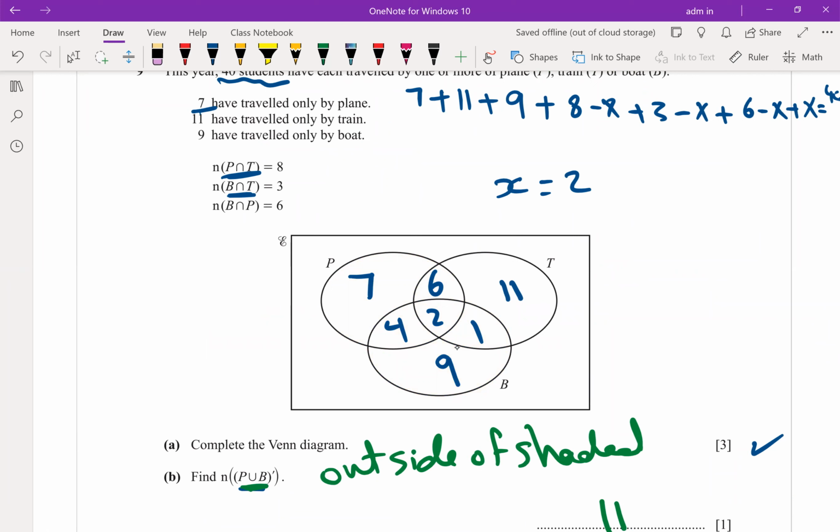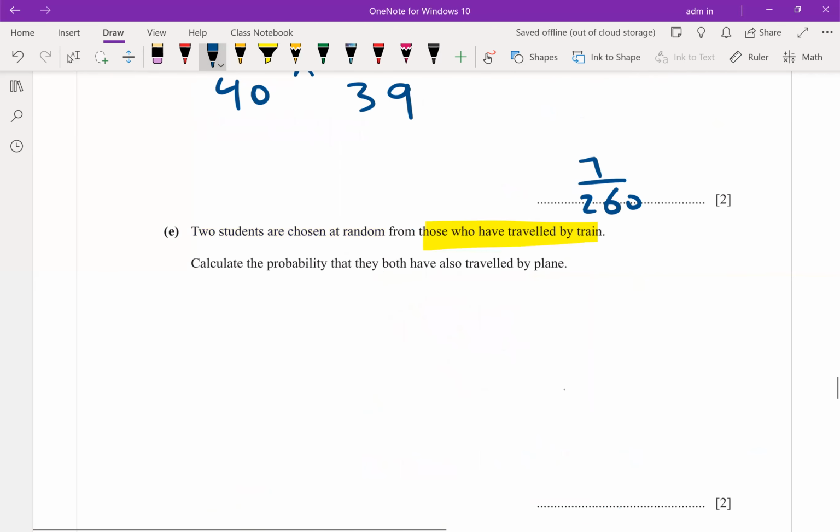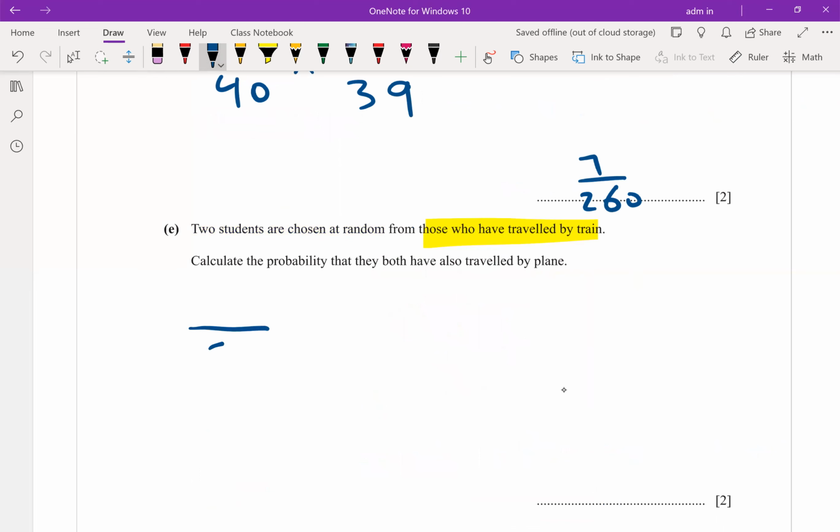See, for the train there are 4 sets: train only, boat and the train only, boat, train and plane, train and plane only. So what is the total? The total is 20.